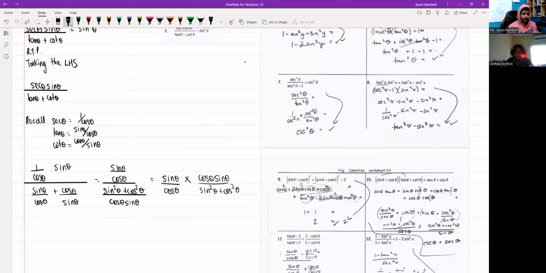Good so far? Well, you could cancel. Yeah? I get sine theta times sine theta is sine squared theta, which is kind of what I want, over sine squared theta plus cos squared theta.